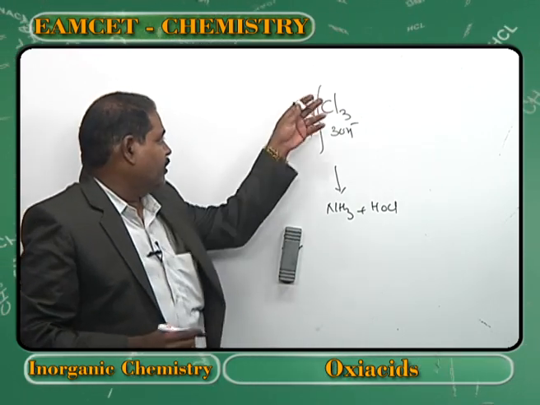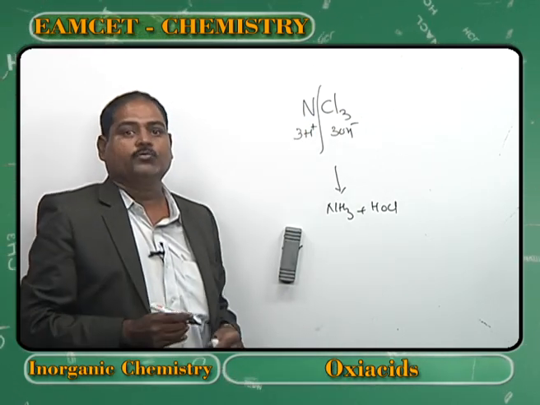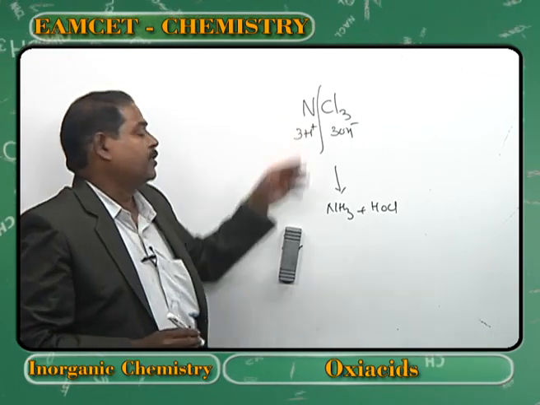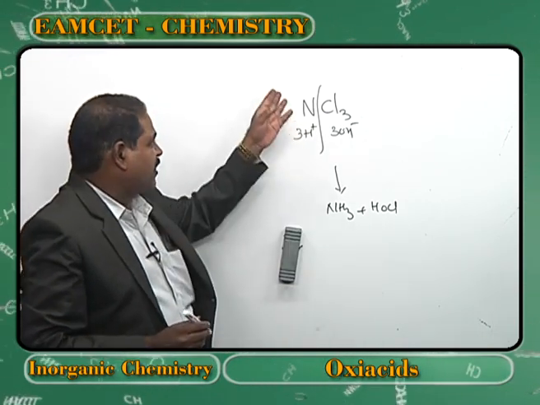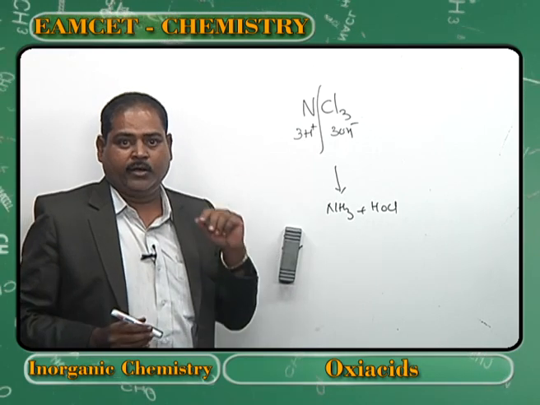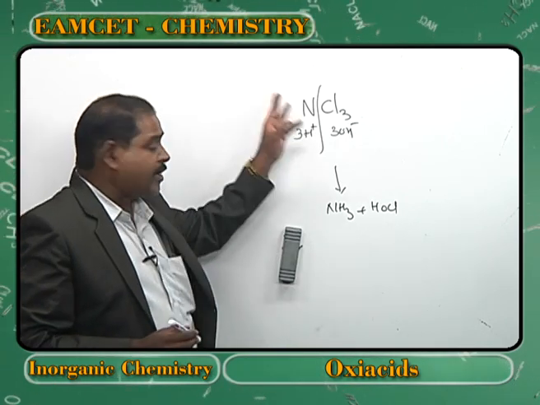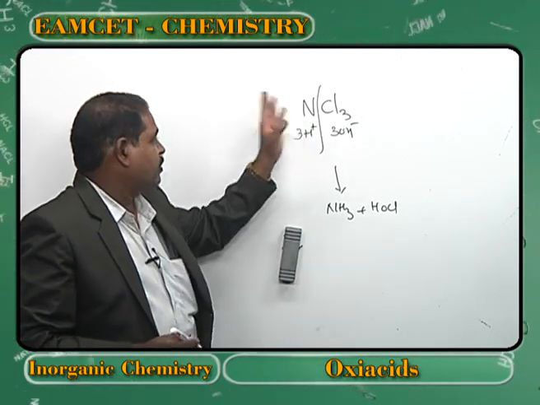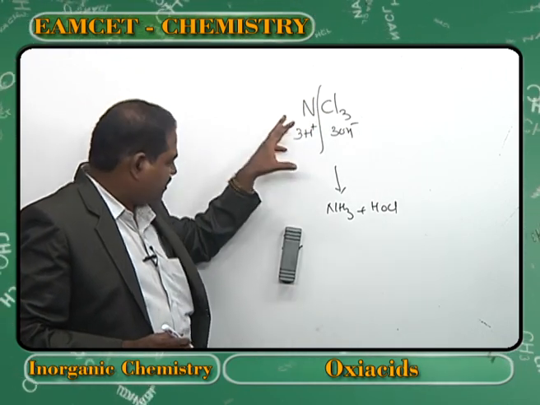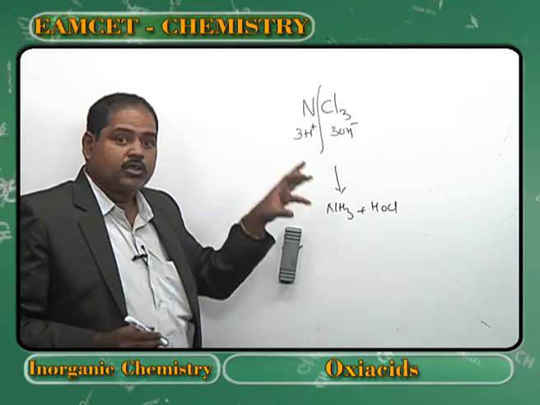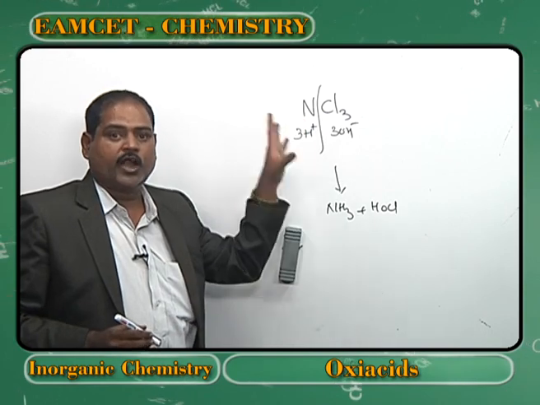I may not know who is more electronegative, you may not know, but H plus knows it better. Why is H plus preferentially attacking nitrogen? Why not chlorine? Just because nitrogen is more electronegative. So this reaction settles the score regarding which is more electronegative.